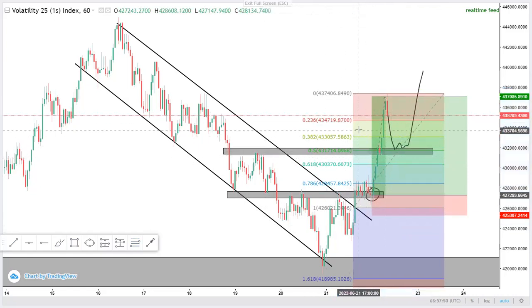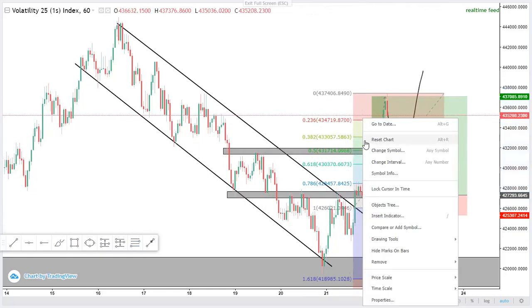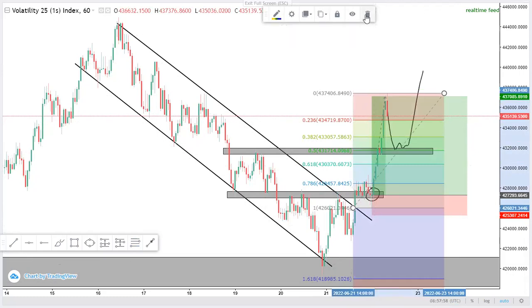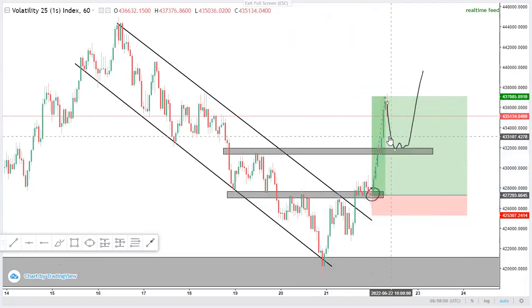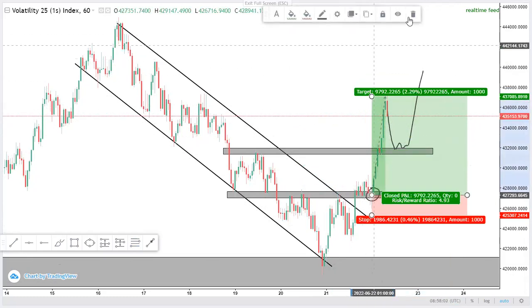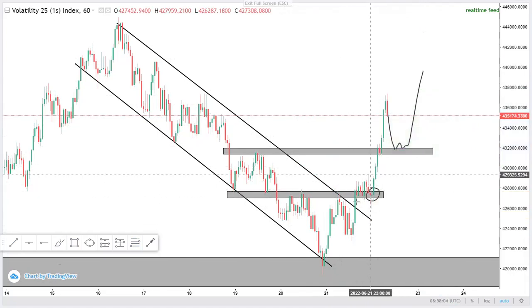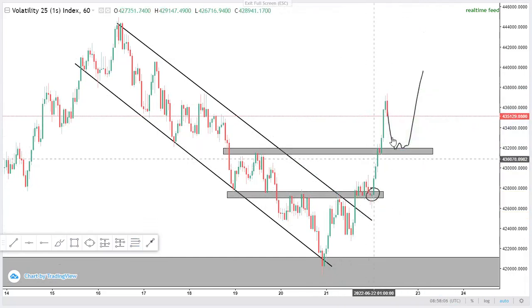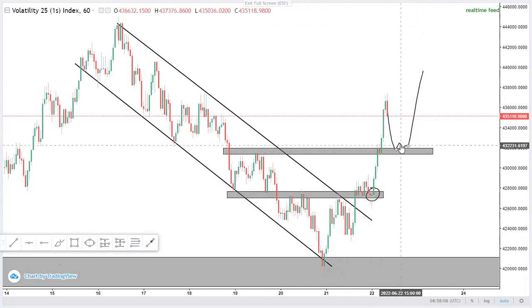So I'm not going to consider that area to be valid for now. I'm just going to see how the market reacts to this area. If it consolidates within this area, then I'm going to look for a buy structure to continue to the upside.